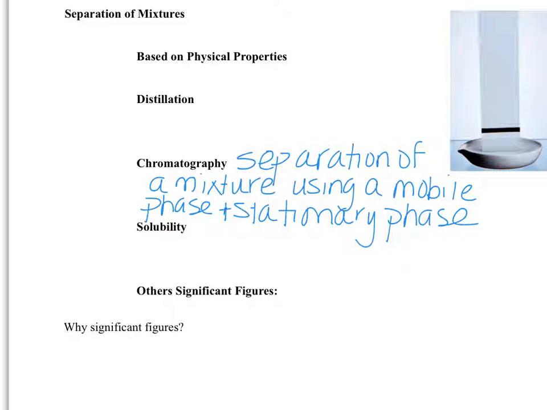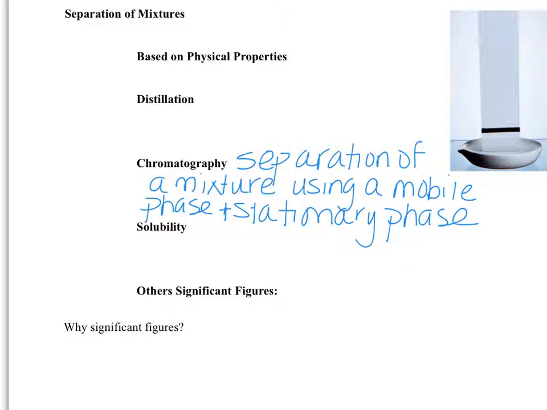So the movement of the particles in a chromatograph are based on that substance's affinity for either the mobile phase or the stationary phase. And what I mean by that is, if you recall, when you did chromatography in 9th grade, you put these pigments on the end of a piece of paper. That was the stationary phase. Okay, they were fixed on the paper.